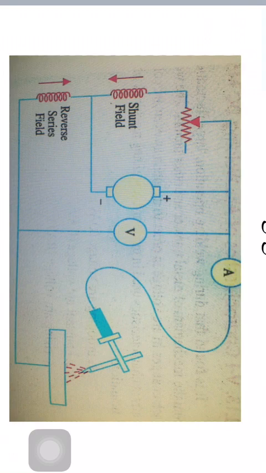So the series winding produces a magnetic field which opposes that of the shunt winding, and on open circuit only the shunt field is operative and provides maximum voltage for striking an arc.